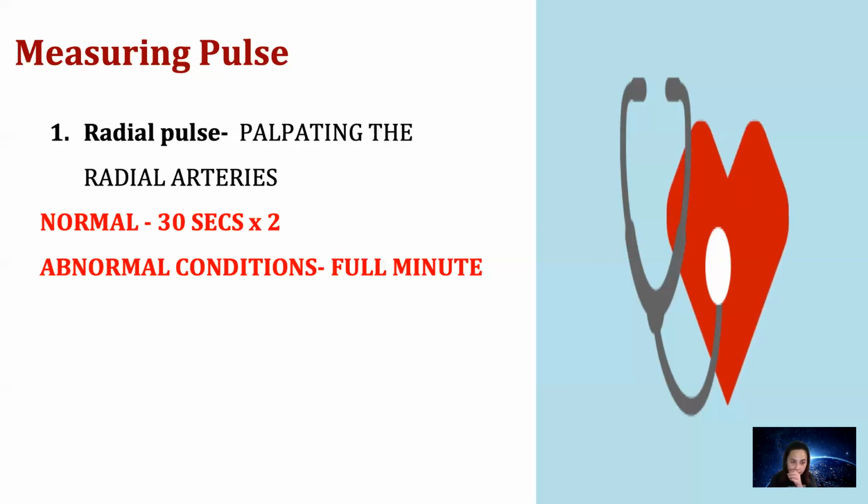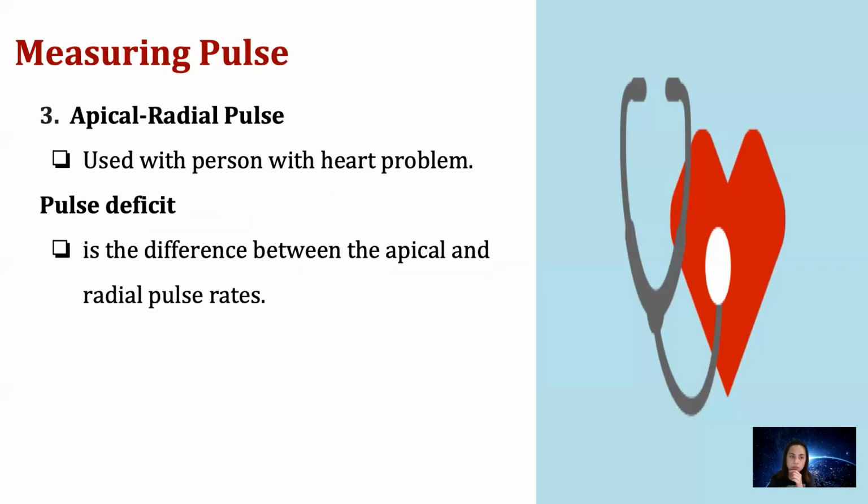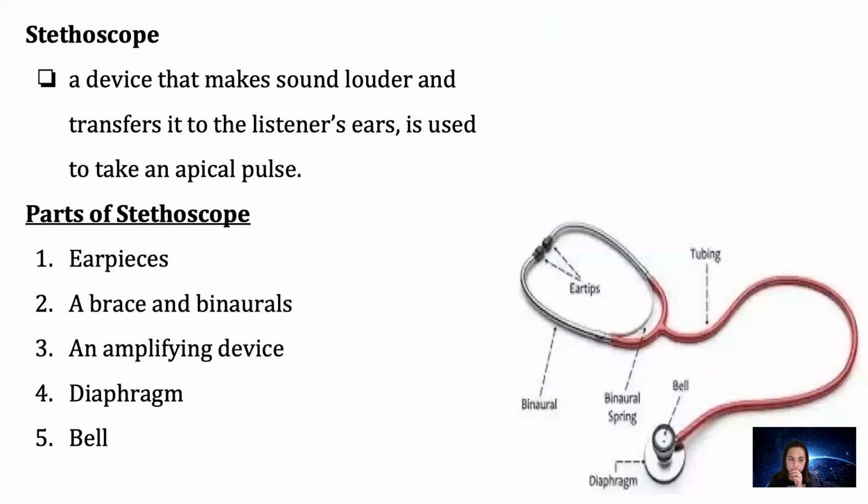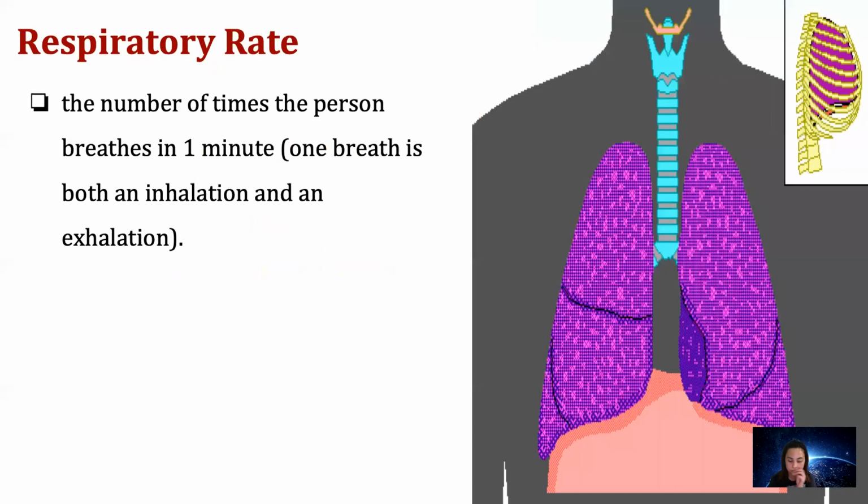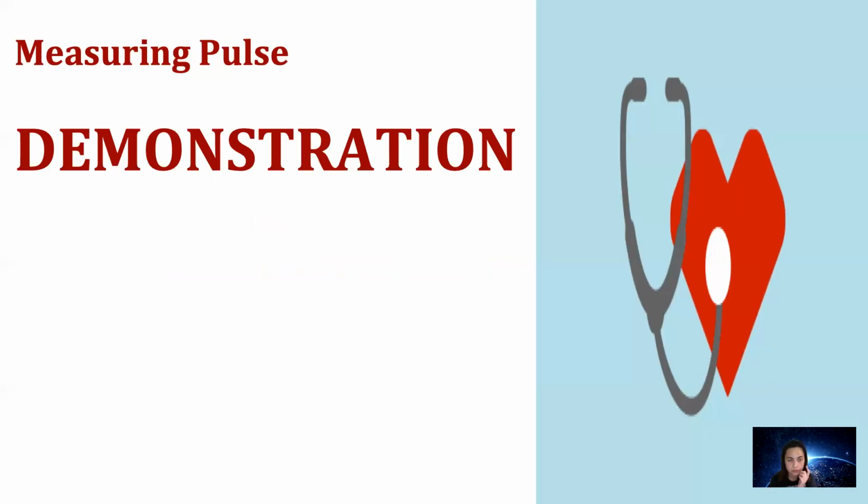If your patient has abnormal conditions like he or she has a problem with the heart, blood pressure, etc., or your patient is a baby, you should check the pulse for 1 full minute, or 60 seconds. Later I will show you how to measure the pulse.